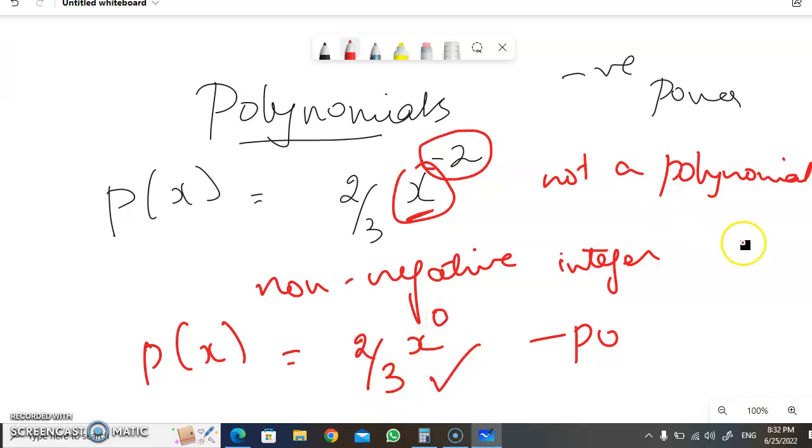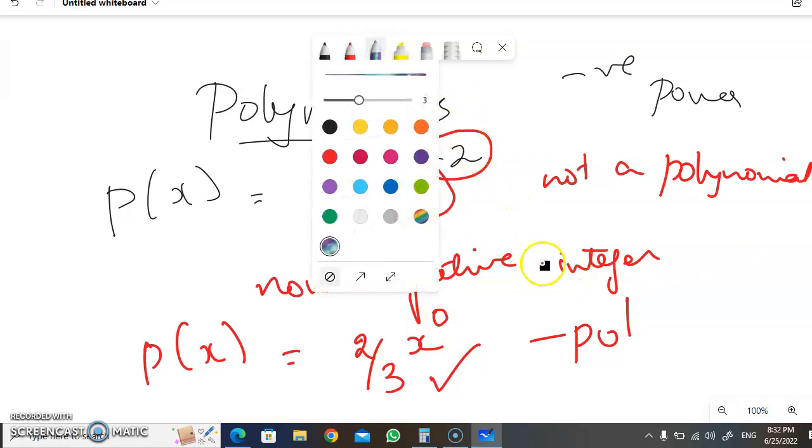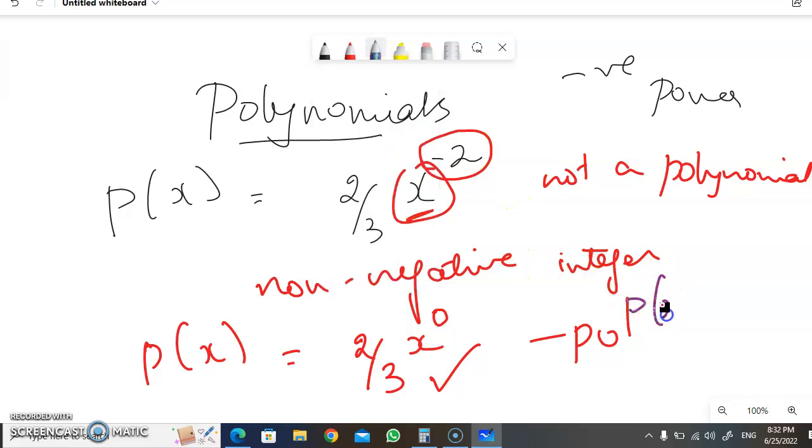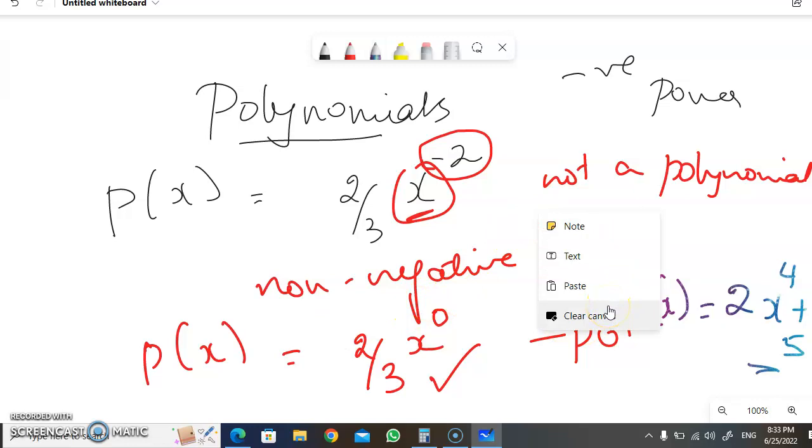Okay, so like this I can write many more examples. Polynomial in x, like 2x raised to the power of 4 plus 5. So this is also a polynomial. We have already learned in our grade 9 what is polynomial.